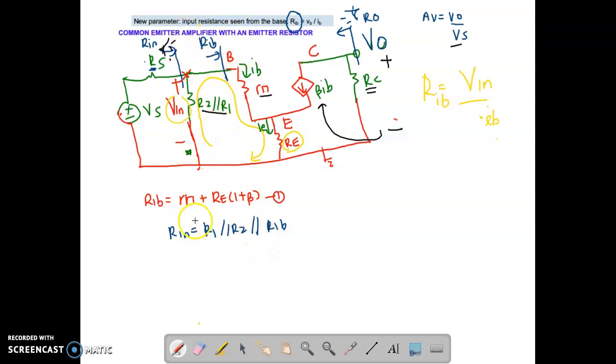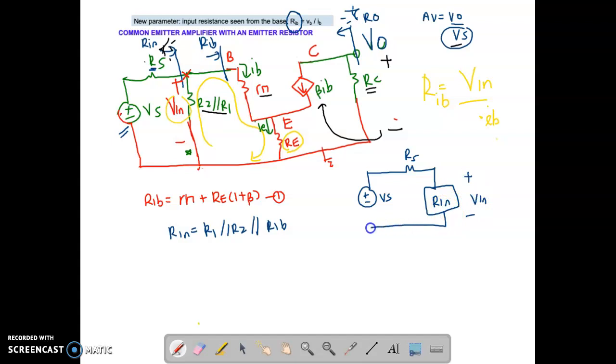Okay, so we're not finished yet. We need to derive your VS. So now look at your VS. What is the relation between VS and Vin? Let's draw the voltage divider again. Here is VS. Here is your RS. The resistance at the whole circuit here is actually your Rin. What is the voltage drop here is your Vin.